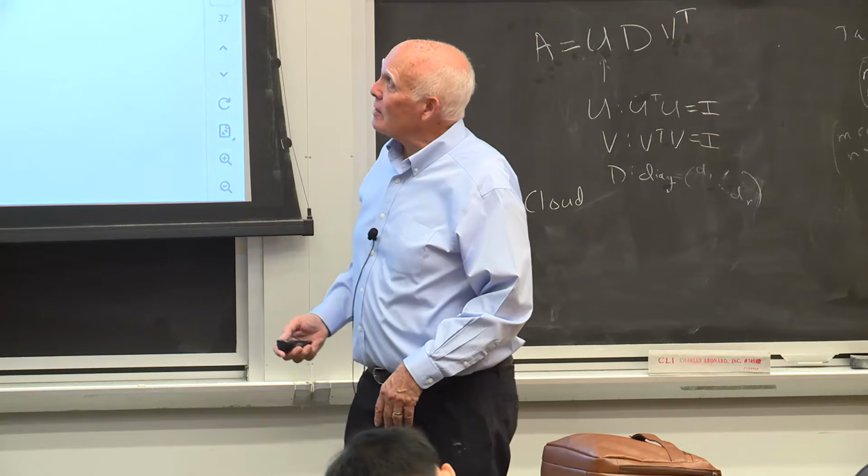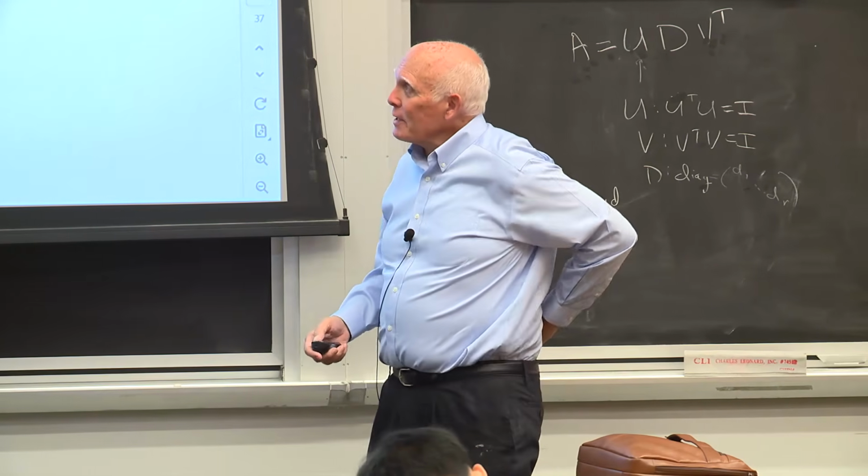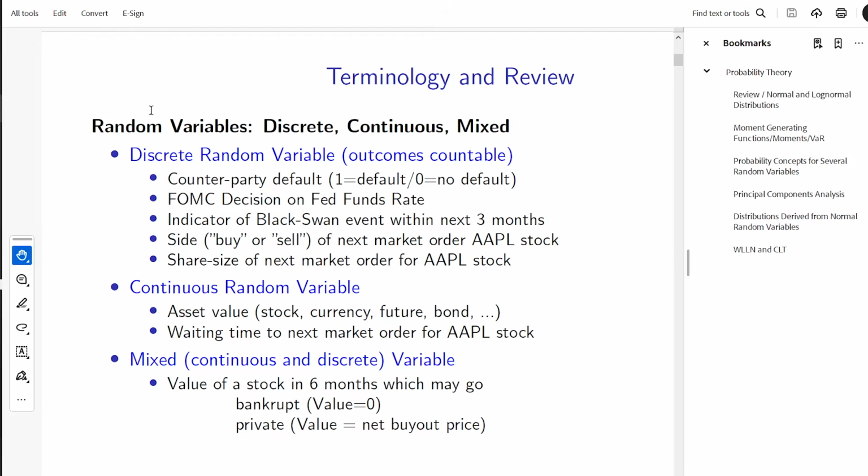With probability theory, it's customary to distinguish between discrete valued random variables and continuous ones. Discrete valued random variables can be just events occurring or not, like a default of a counterparty, or the Federal Open Market Committee deciding on a Fed funds rate.